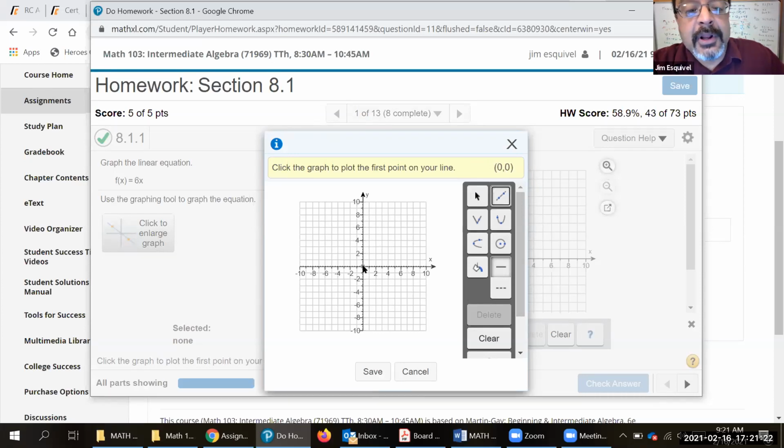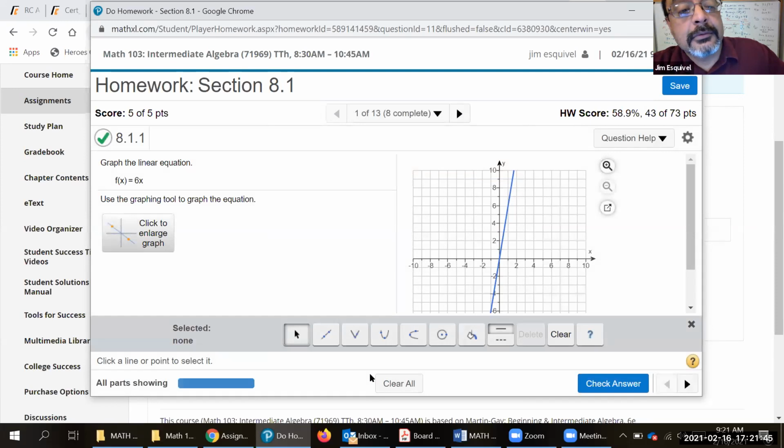So that's the first point I'm going to click on. And the slope is 6 over 1. So you go up 6, and then we go right 1. So the ordered pair at up 6 and over 1 is at 1, 6. And that's where the line goes.